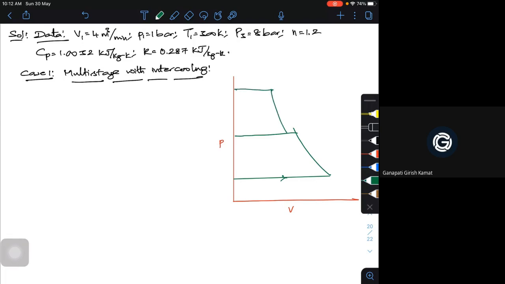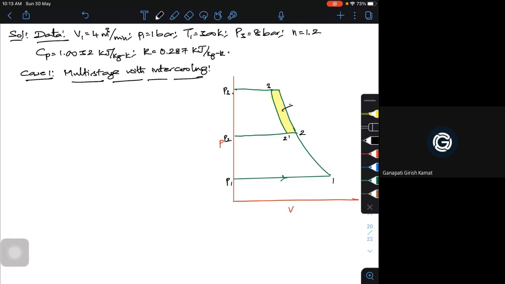If I don't follow the perfect cooling, this is the path I'm going to follow. If I go for a perfect cooling, if I call this 1, it will go to 2, then it will go to 2 dash, then I'm going to go to 3. So if I follow a perfect cooling, this is the work I'm going to save, from P1 to P2 and P3.